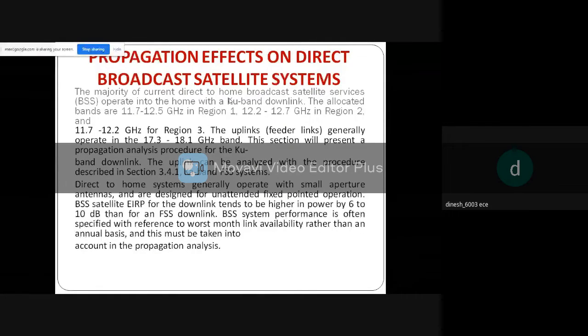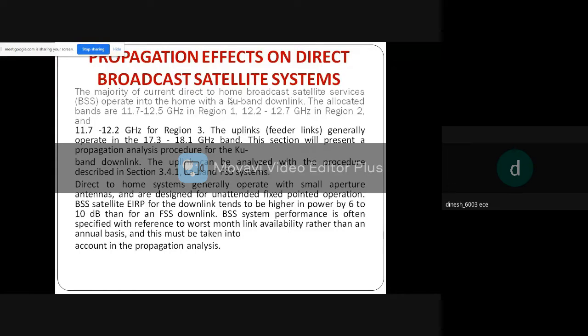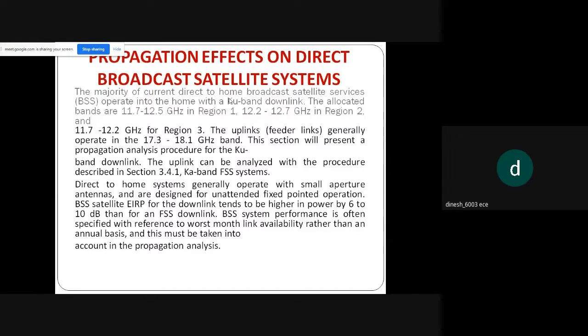So the effects of the propagation on direct broadcast satellite systems. The majority of the currently available broadcast satellite services, where we use it as DTH, direct to home, operate in Ku band.